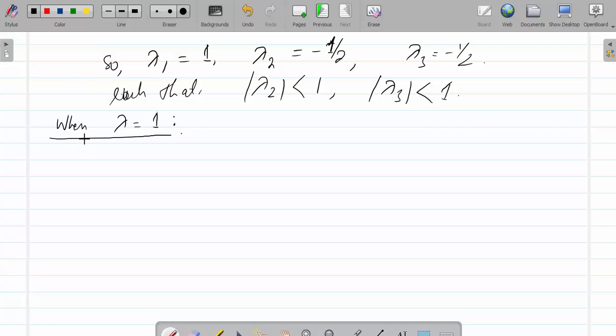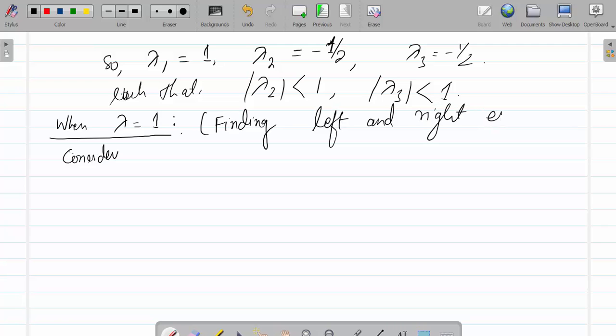So here we are finding left and right eigenvectors.